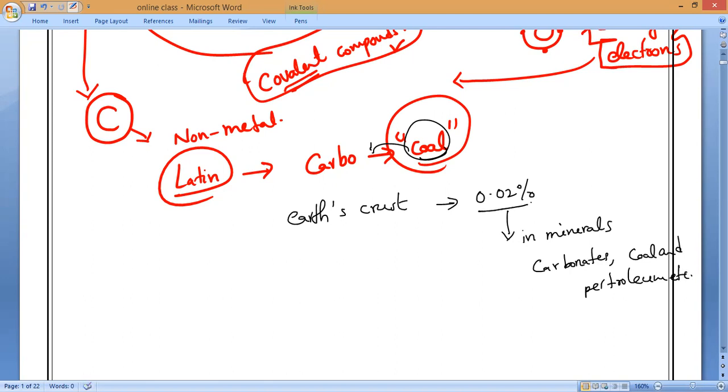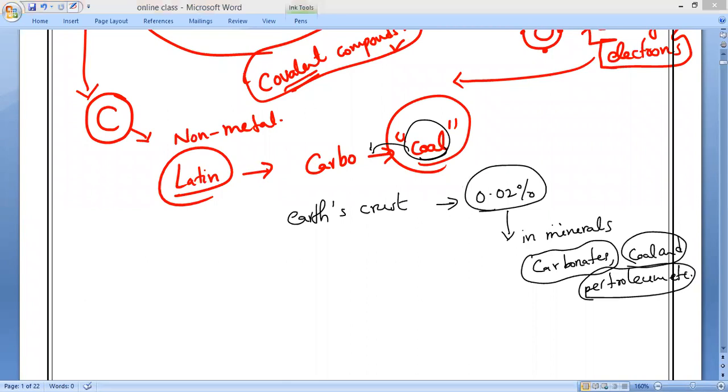These are the sources of carbon, in the combined state with other substances inside the earth's crust, not in the free state. That much percentage is present.